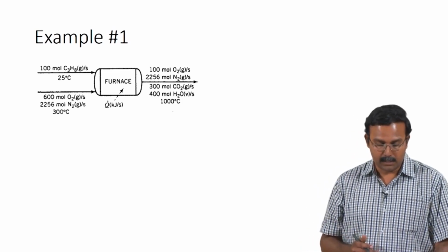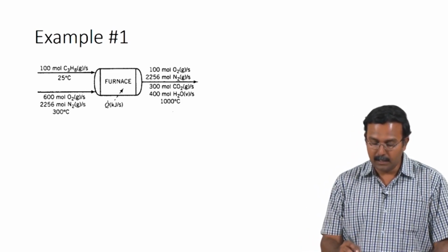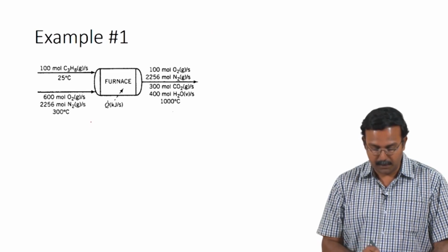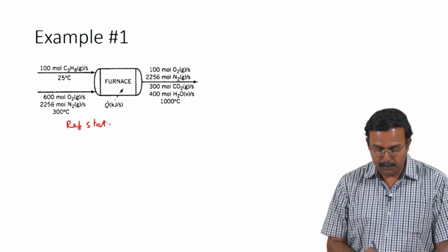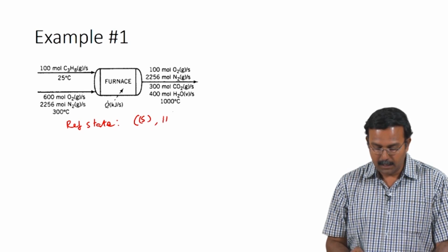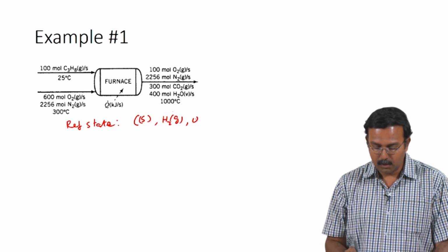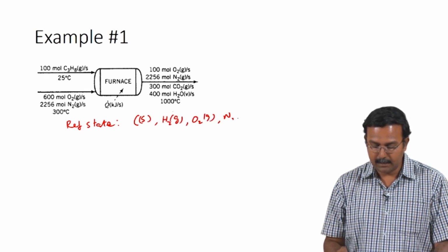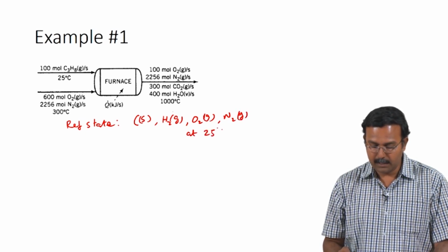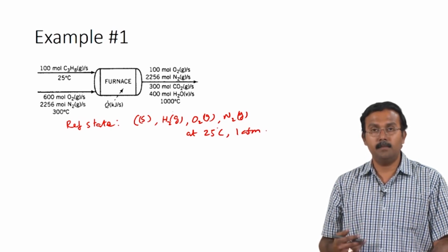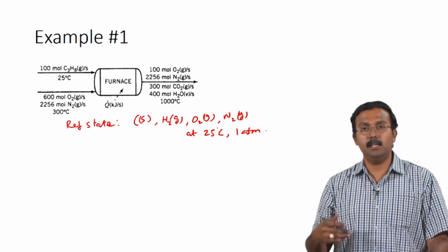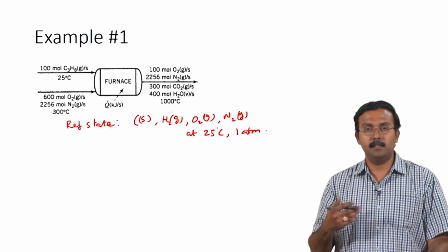So, taking that into consideration, let us now build the enthalpy table with the appropriate reference states. So, the reference states would be carbon solid, hydrogen gas, oxygen gas and nitrogen gas, all at 25 degrees Celsius and 1 atmosphere, because this is the elemental forms which would be used in the heat of formation method, and these are the compounds.